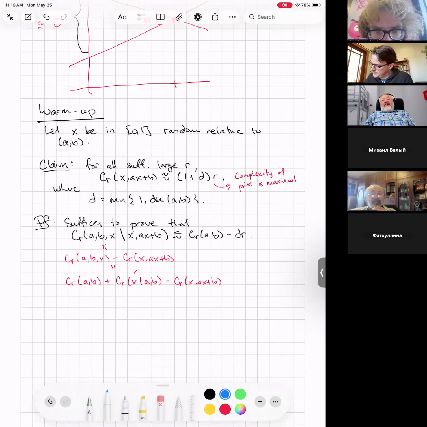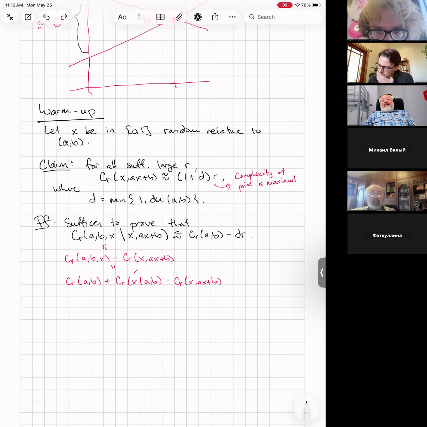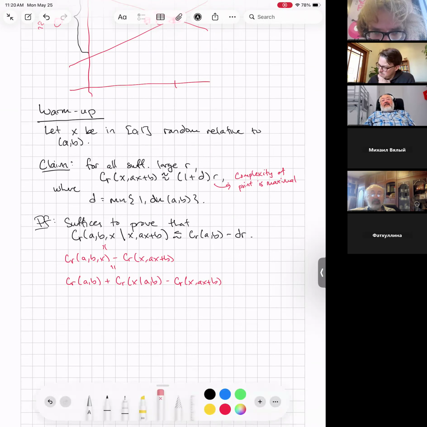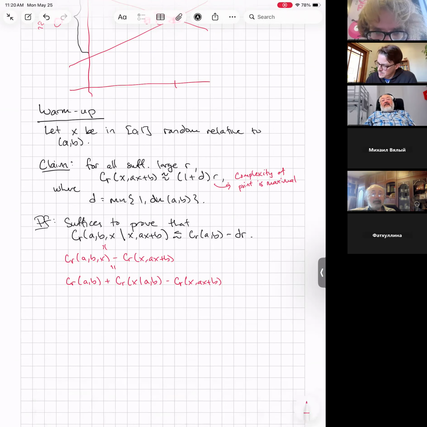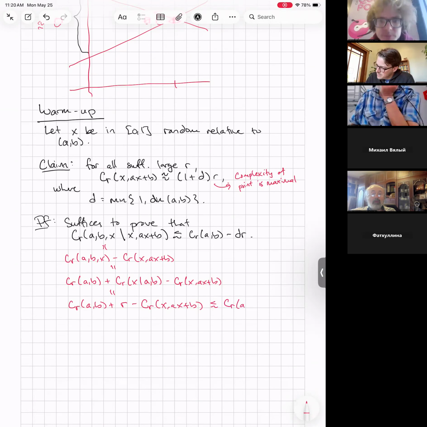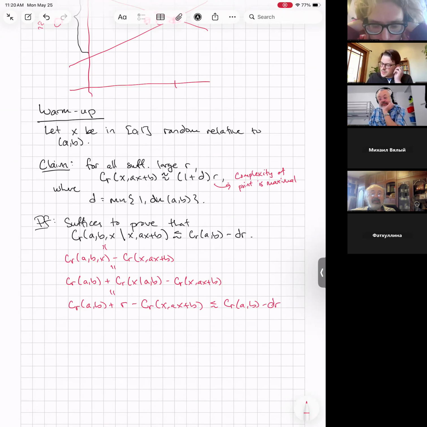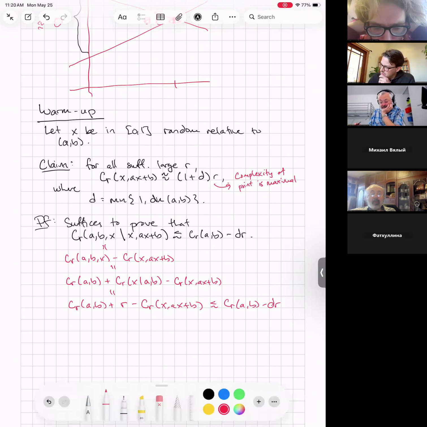Okay, and now it suffices to prove that this thing is at most the complexity of the line minus dr. Because then, what is R?